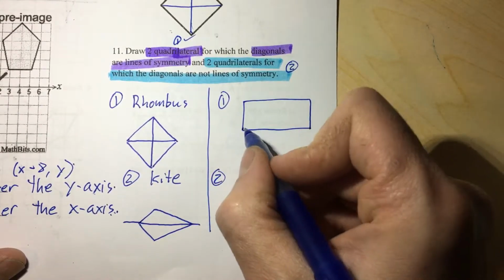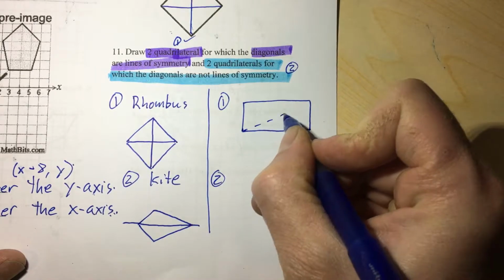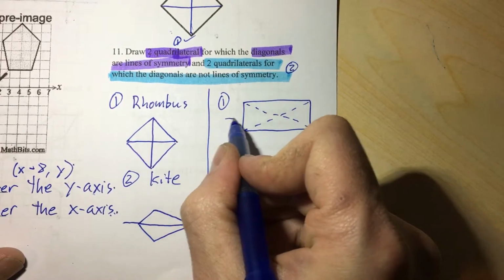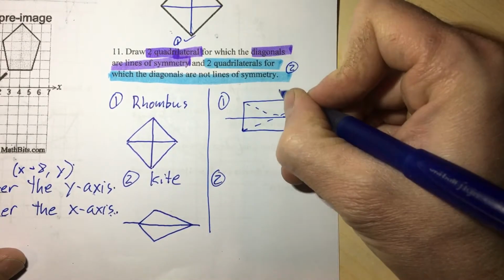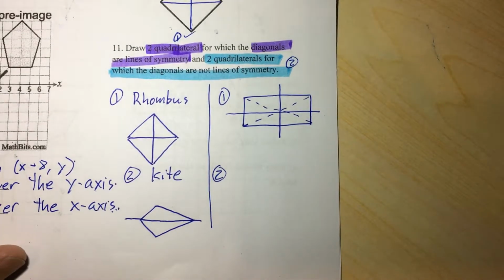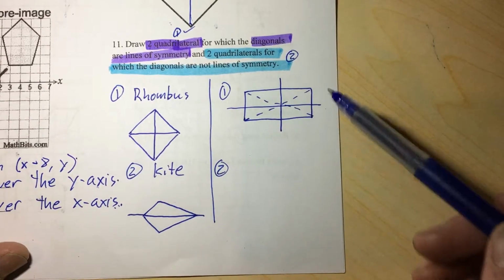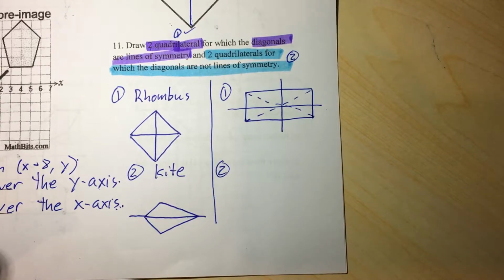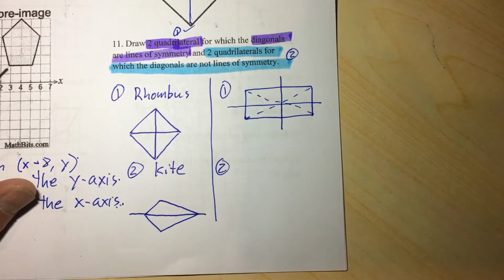And our diagonals, that is not a line of symmetry. And then I have the two lines of symmetry that are, like I said, not diagonal. So that gives our nice example right there.